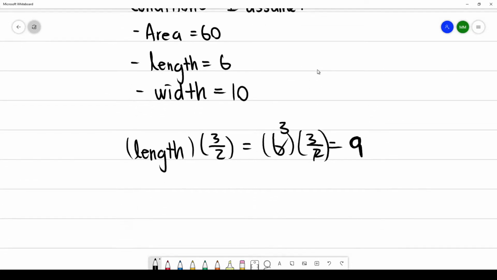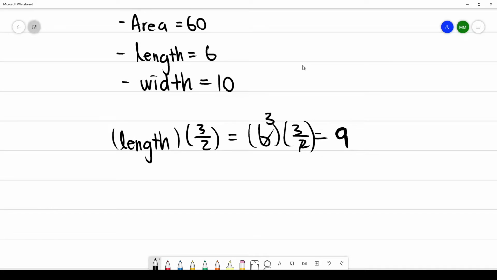So what's the width going to be? Well, length times width is always going to equal 60. Now the length is 9, so 9W is equal to 60.